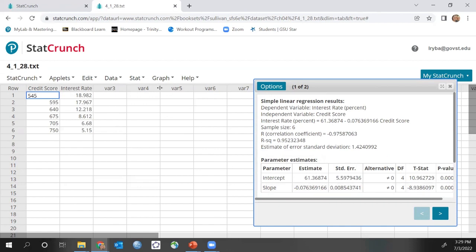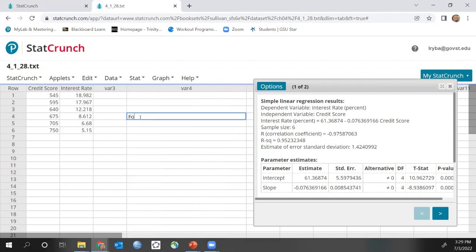So slope: for each additional point in credit score, the interest rate in this case goes down, decreases by, what was the value? 0.076, and I'm assuming that's a percent value.